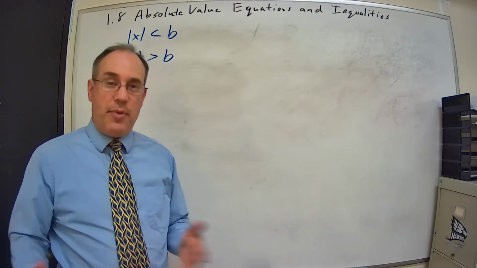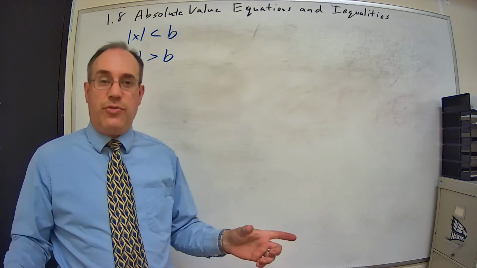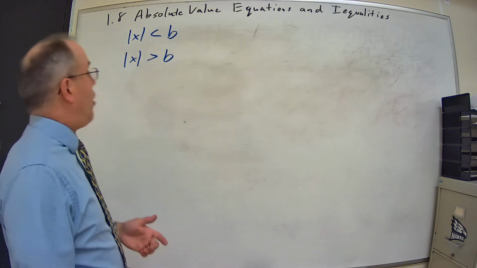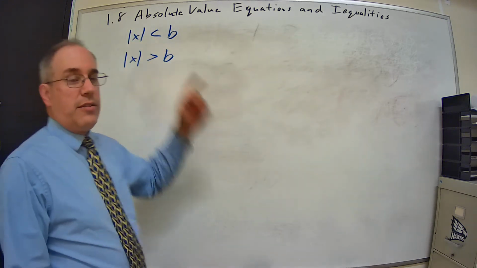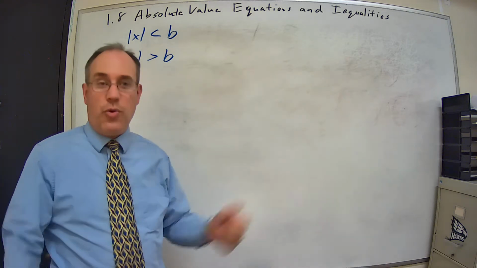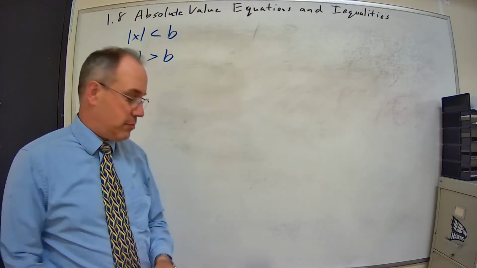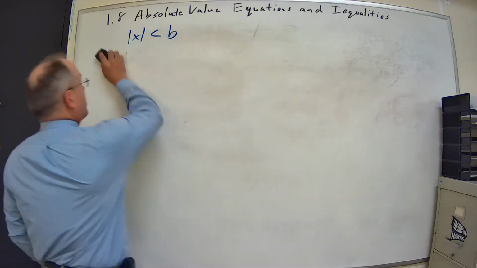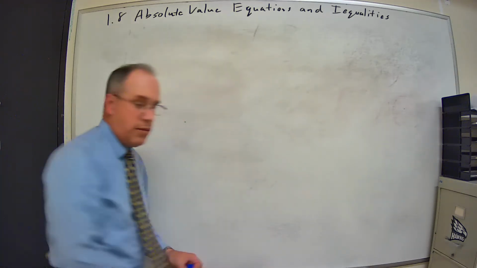So they can't both happen at the same time, so we're going to have to treat it as two separate inequalities, whereas with this, we can easily have a value that's in between two other values. So let's try an example.